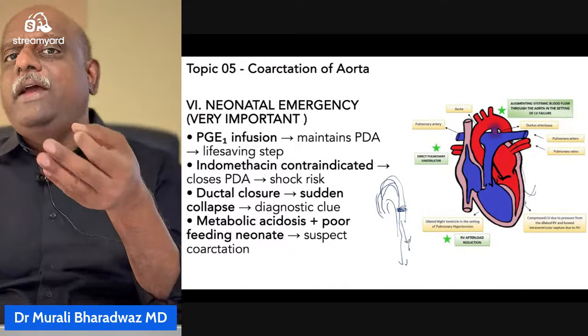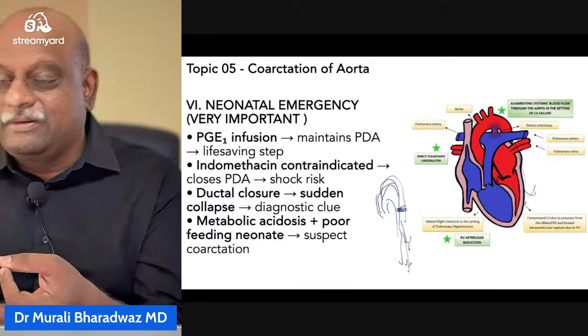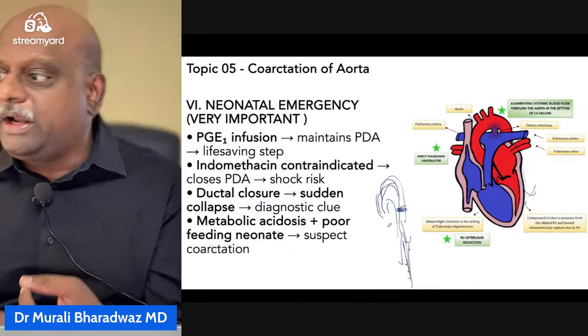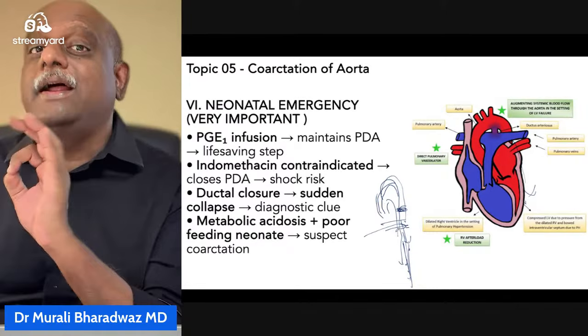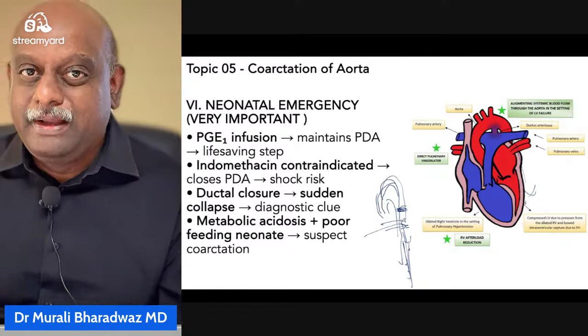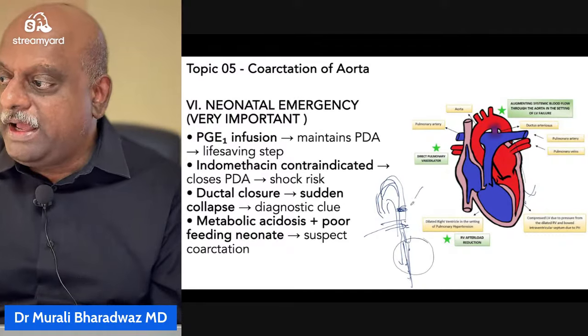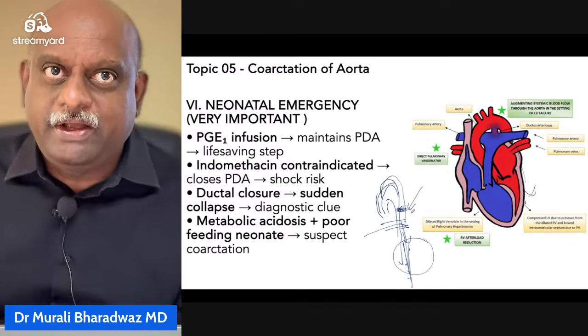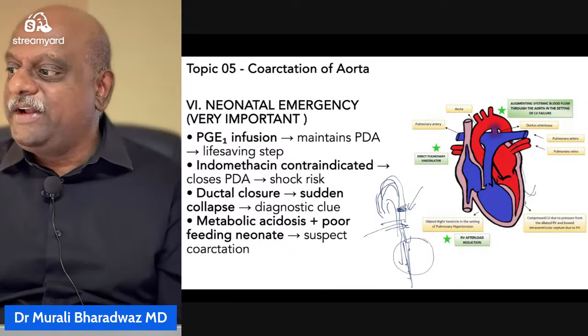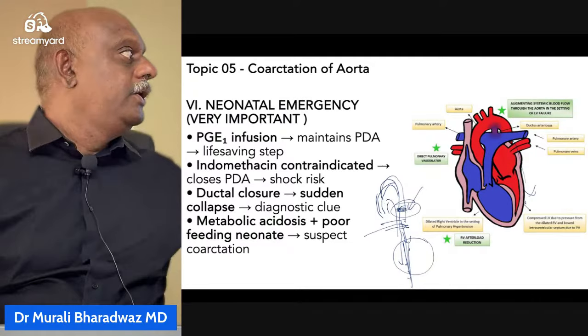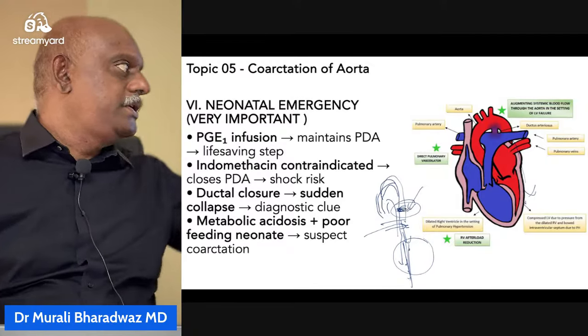The only way the blood can enter the descending aorta is through the patent ductus arteriosus. That's the reason that when the coarctation is severe, you can give those notes to Srija.